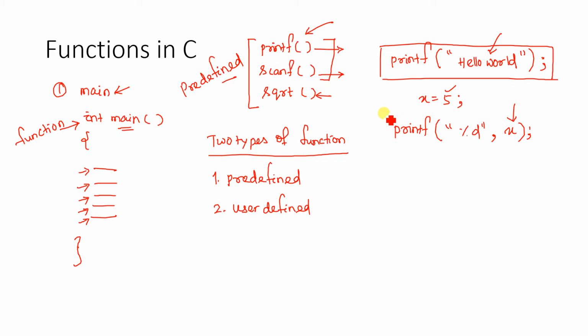So by following the syntax of this printf function, you are actually printing things. But how exactly does the computer understand that if I write something like this, the x value gets printed, and when I write something like this, hello world gets printed? How will the computer know?